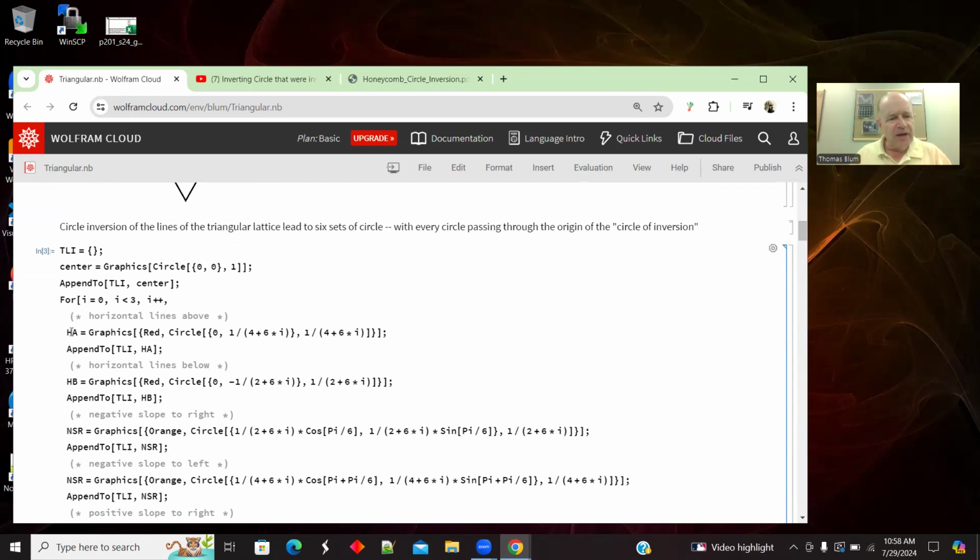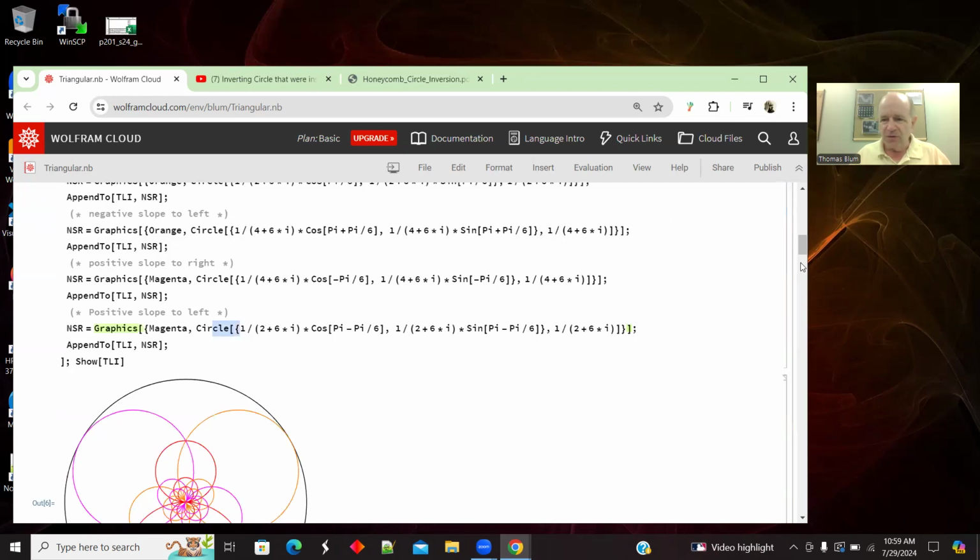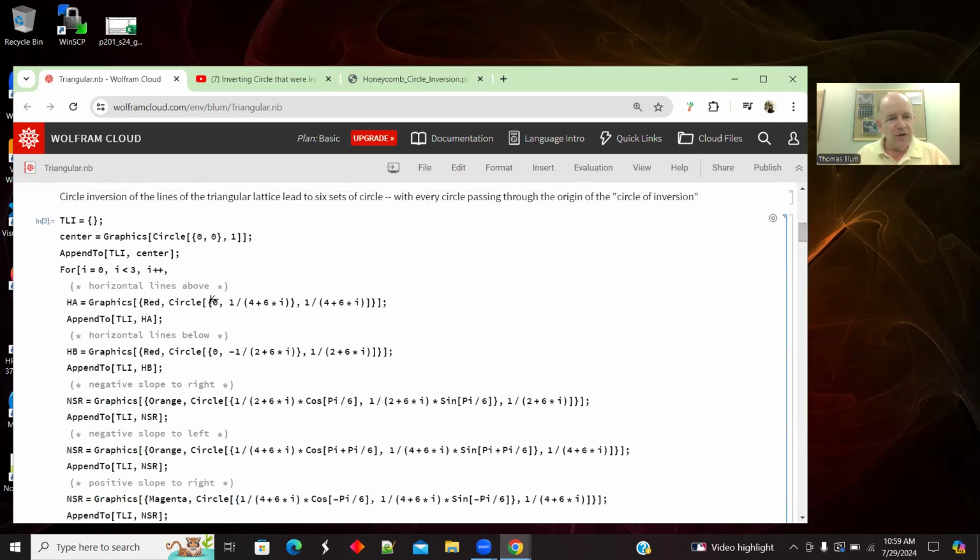And so then I am making the horizontal above. Here are their origins, and here are their radii. And the lines below have, this was 4 plus 6i for every i.